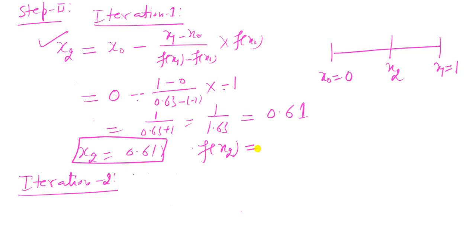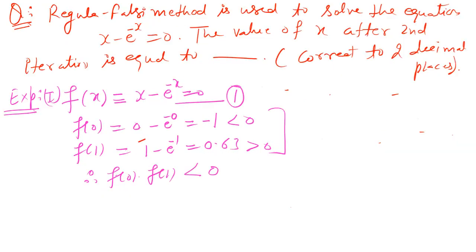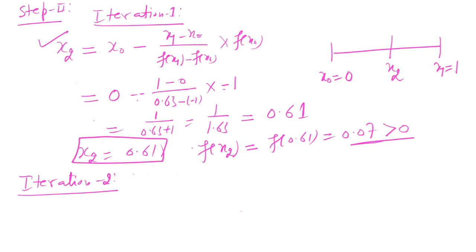Then we obtain the functional value f of 0.61 is equal to 0.07, and this value is positive, while in step 1 this value is negative. It means f of x0 into f of x2, that is f of 0 into f of 0.61, is less than 0.